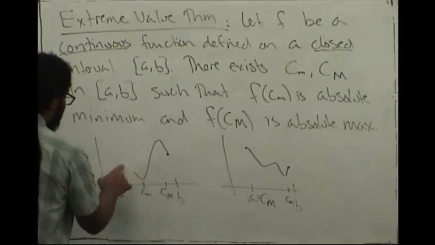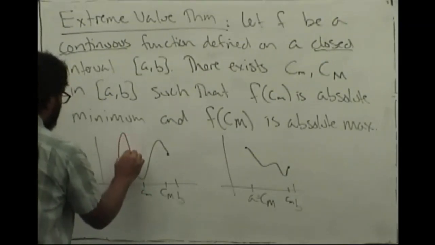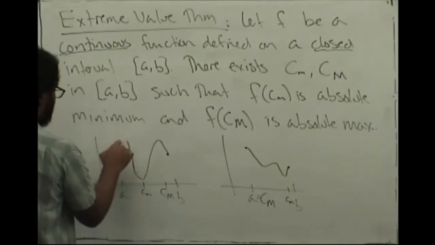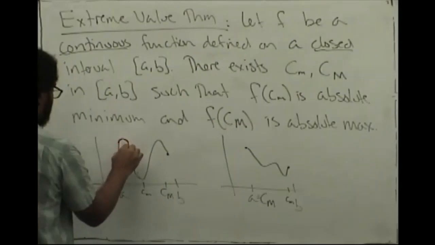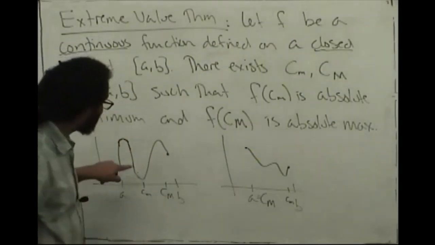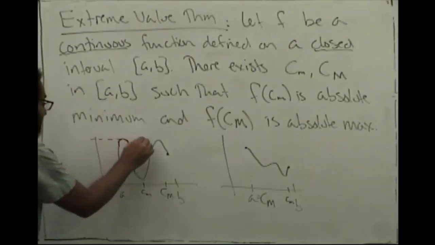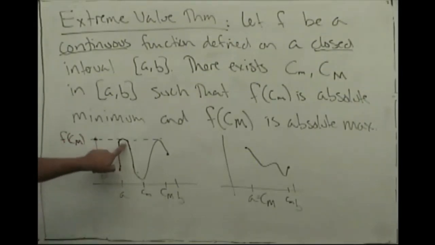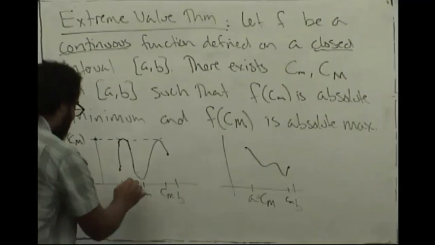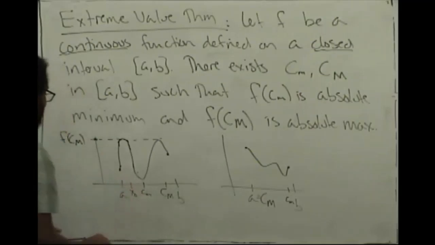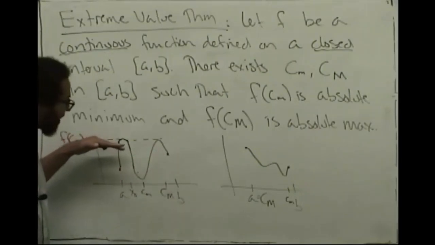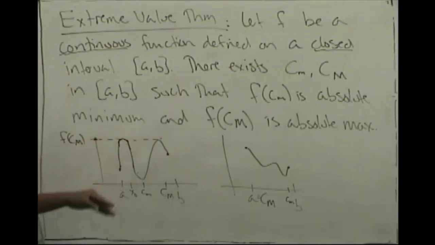So for example, if the function does something like this, terrible drawing, we can see here that here's f of c capital M. If I call this thing x0, then f of x0 is also equal to f of c capital M. There's two spots where we have an absolute maximum.